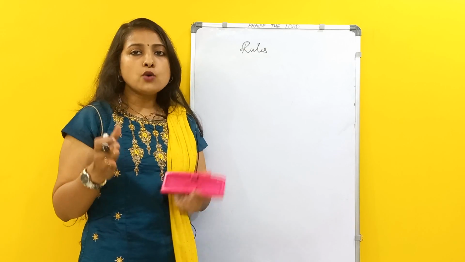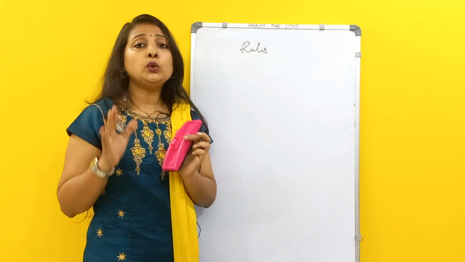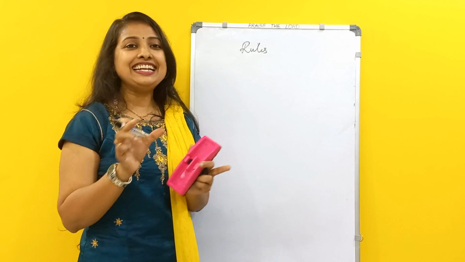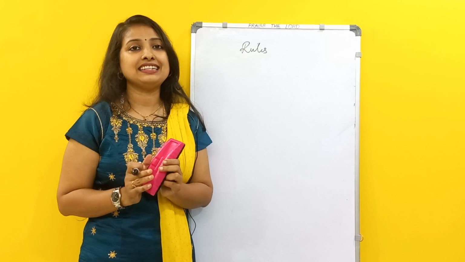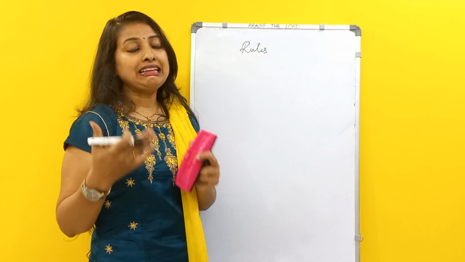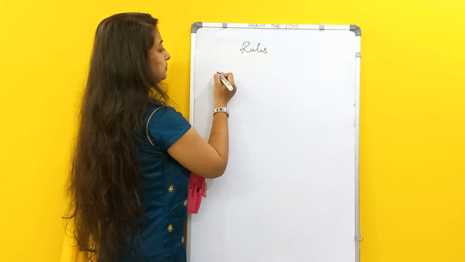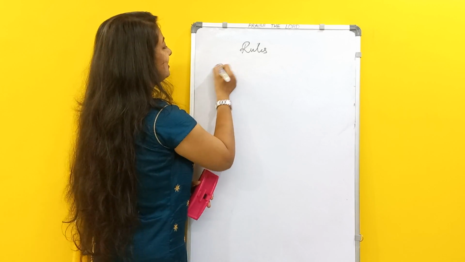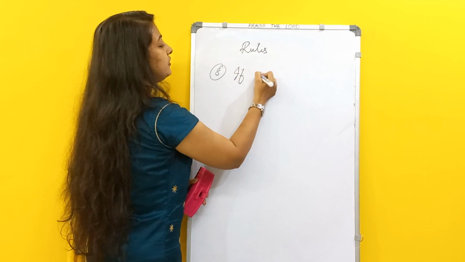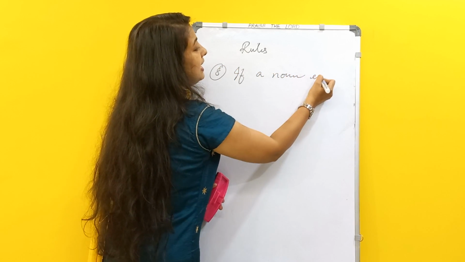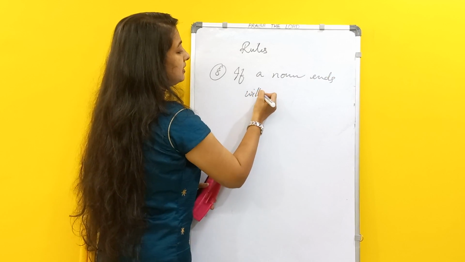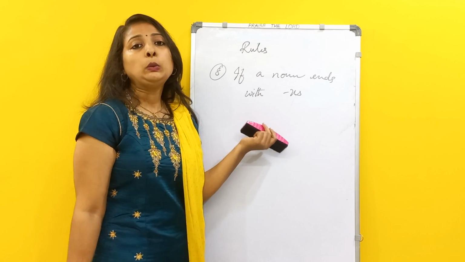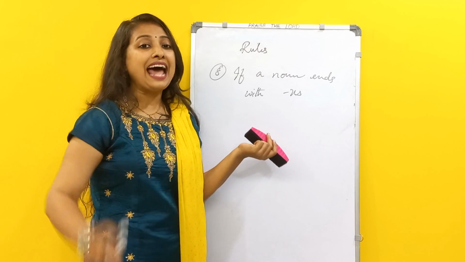Now if a noun ends in US, not United States, but ending with US at the end. These are again things which are supposed to be remembered. Which rule number is this? 7, 8 I think. If a noun ends with US, the plural will be formed with an I at the end.